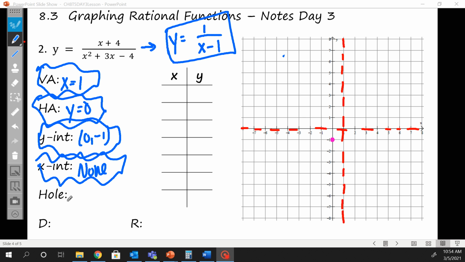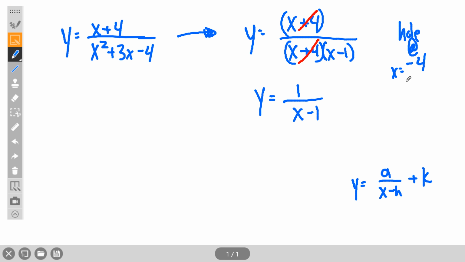The hole, we already figured out the hole is going to be at negative 4. We just need to plug that in to figure out what the y-coordinate would have been in the simplified version. So y is equal to 1 over negative 4 minus 1, which is 1 over negative 5, which is about negative 0.2.